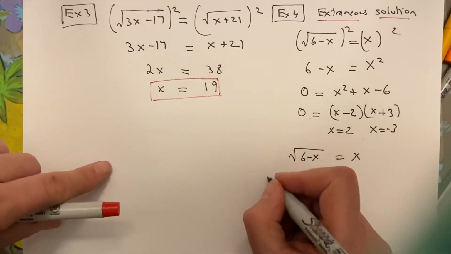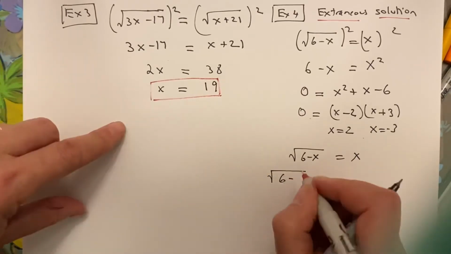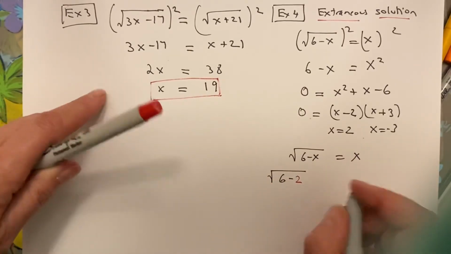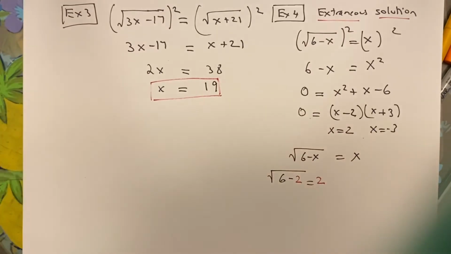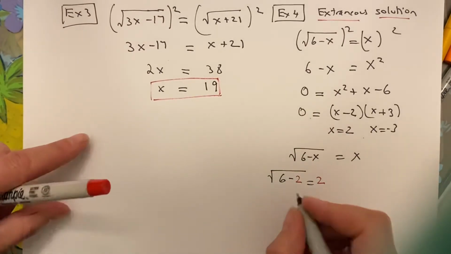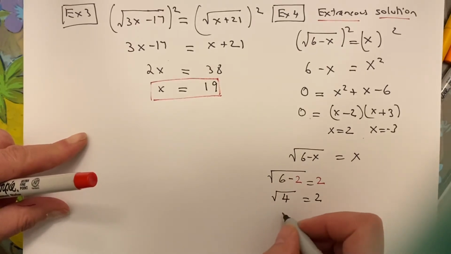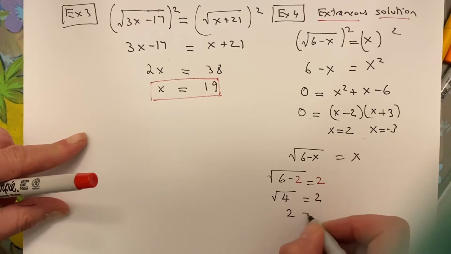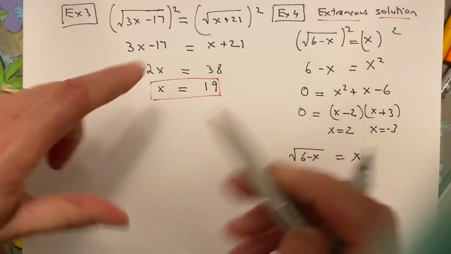If I have the square root of 6 minus 2 equals 2, is that a true statement? Well, I get the square root of 4, and yes, the square root of 4 is 2. So 2 equals 2, true. This is a solution. I'm going to circle it.